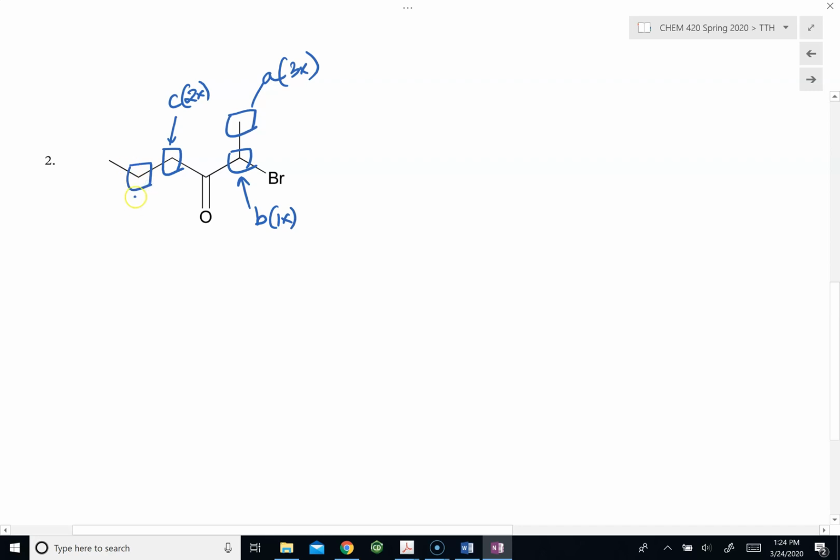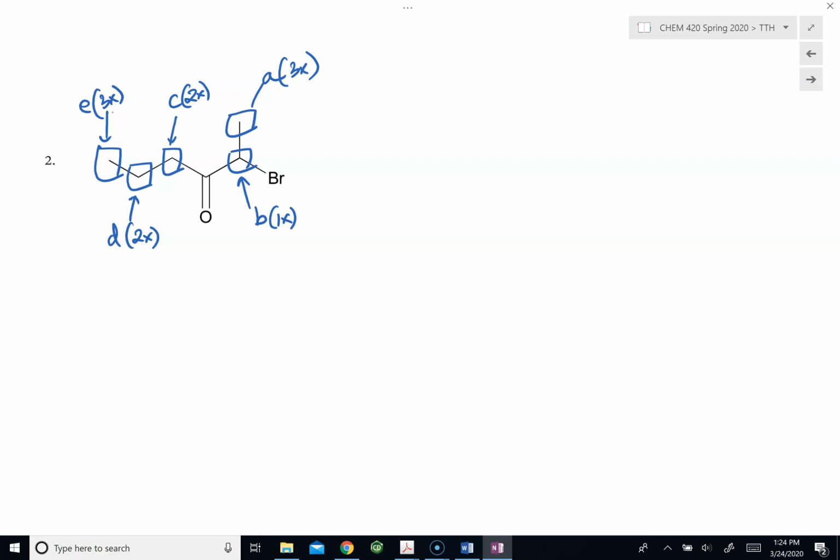And this signal D right here with 2 times the intensity. And lastly, this methyl group, which is also another distinct signal. So let's call this signal E with 3 times the intensity. So overall, we will see 5 distinct signals for this molecule.